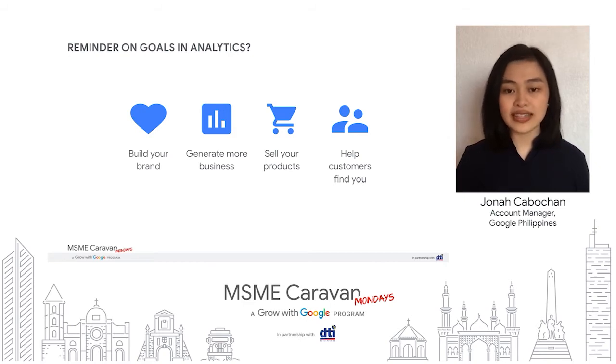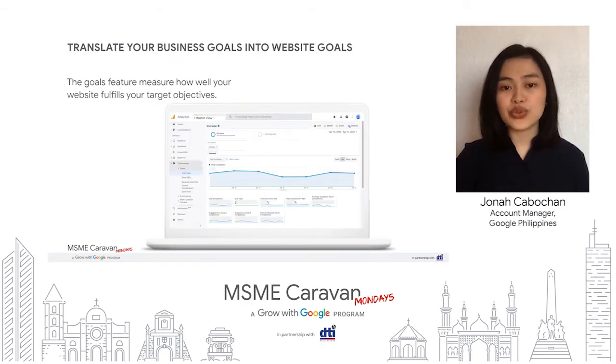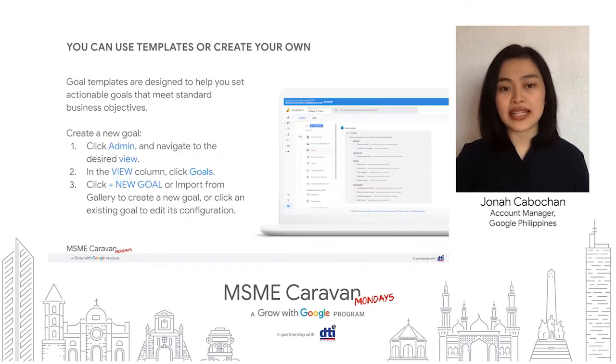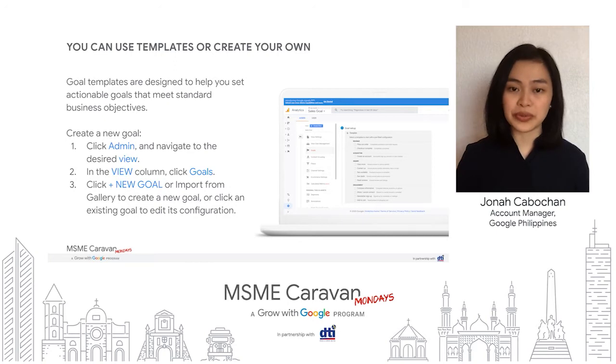And for us to translate these business goals into actual website goals, we'll need to set it up on Google Analytics as well. So it's going to be on the left-hand side here under conversions, goals, and you can set it up again on that admin section, and we have detailed instructions and steps on how to do so.